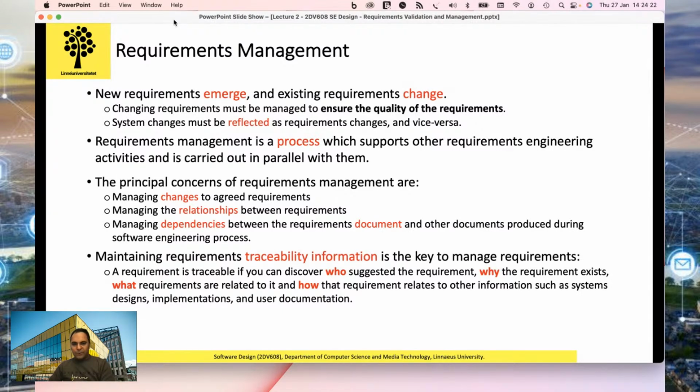A requirement is traceable only when you can discover who suggested it, why it was suggested, and how it is related to other requirements. So the complete information about a requirement should be part of this traceability information.